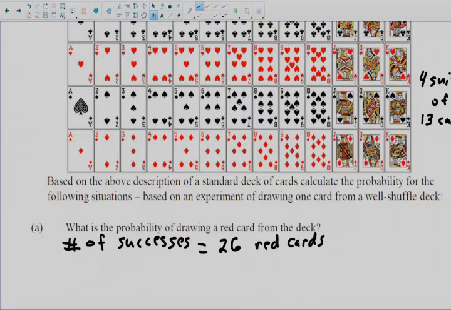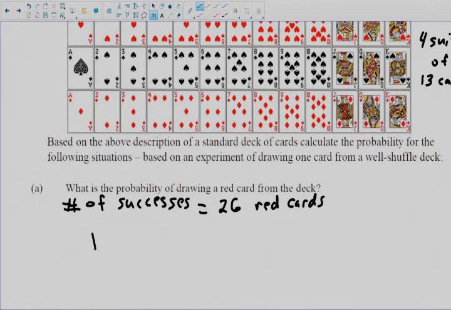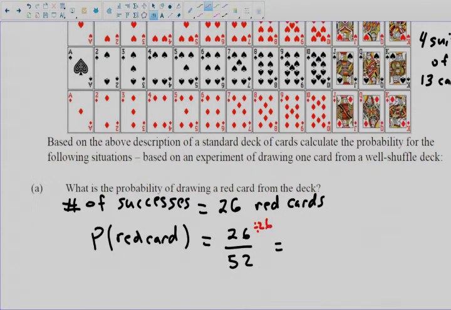And we know that our probability formula is a division of our number of successes divided by our total number of possibilities. So the probability of drawing a red card would be 26 out of our total number of cards, which is 52. And both of those numbers are reducible because 26 divided by 26 works, and 52 divided by 26 works.